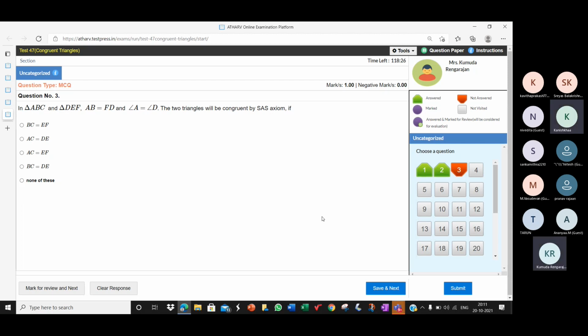Ma'am, BC is equal to EF. Okay, so AB is equal to FD. Please draw the triangles ABC and DEF. Take a rough figure. Mark it. Angle A is equal to angle D. Mark it.